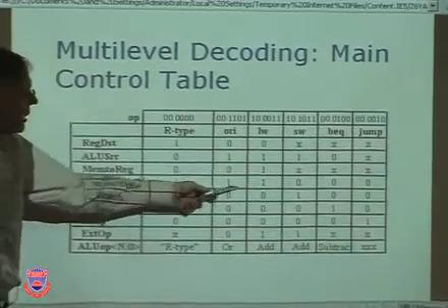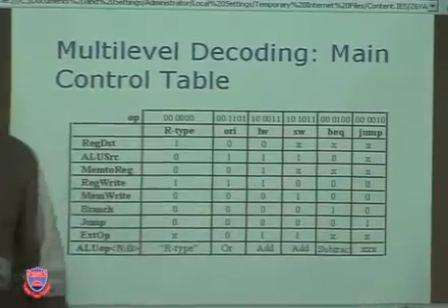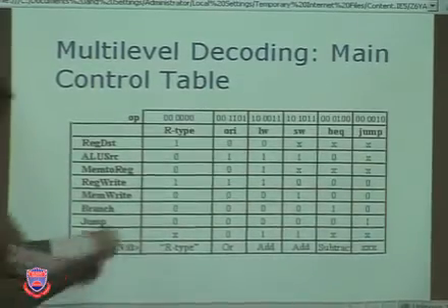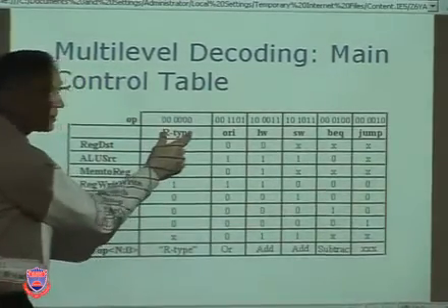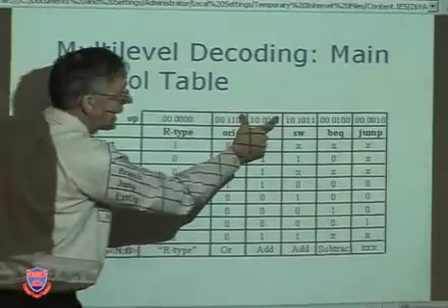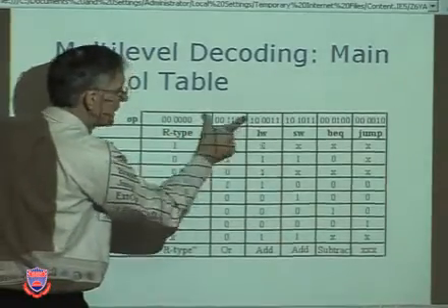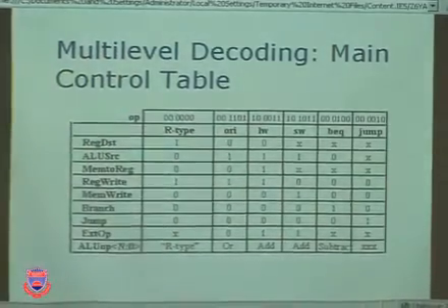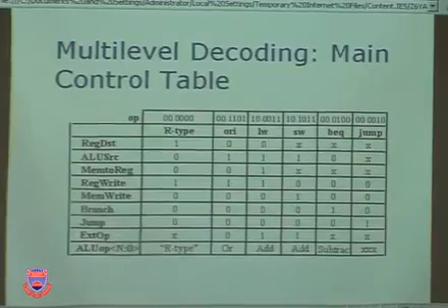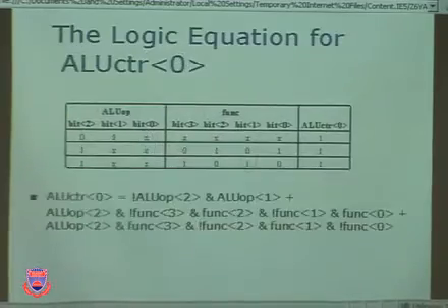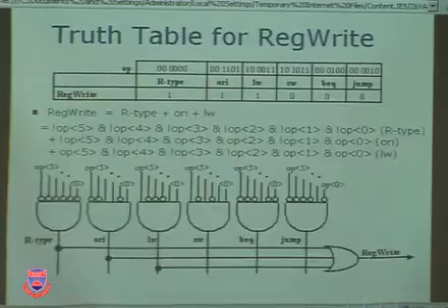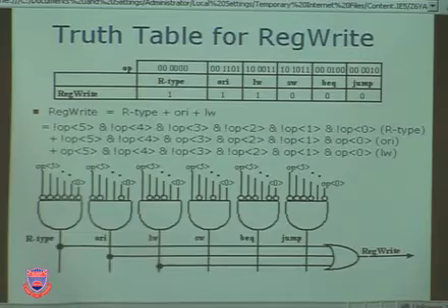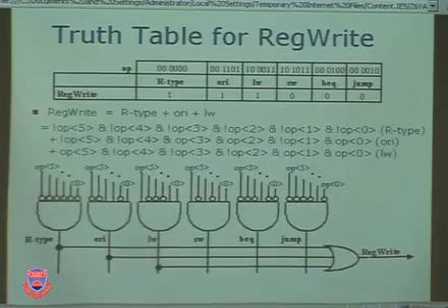R-type, or ORI, or load word? So if we were able to decode those into signals called R-type, ORI, and load word, and OR those together, we'd have a real simple circuit. So I'm going to show you that real simple circuit now. It's done very nicely using a programmable logic array.